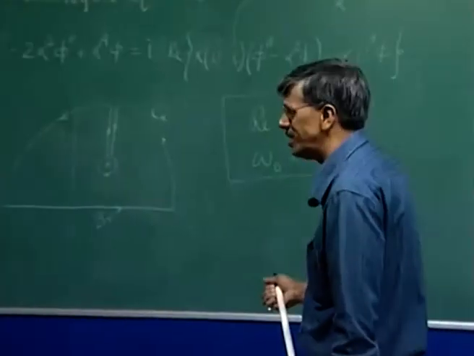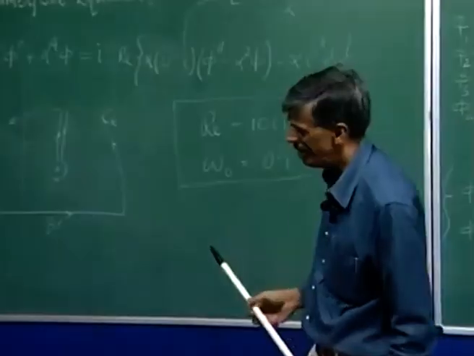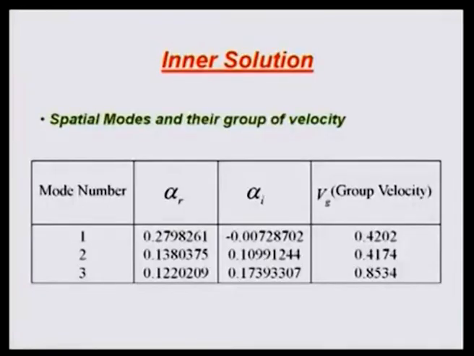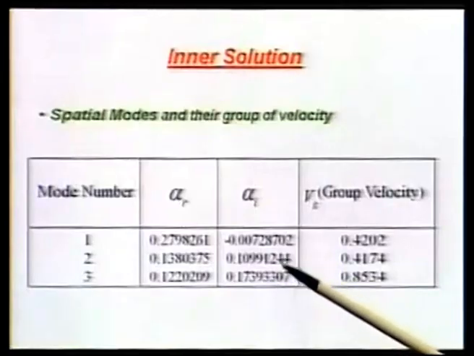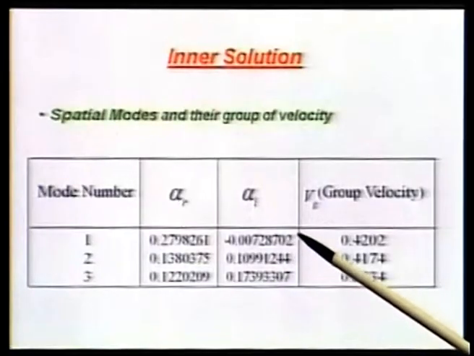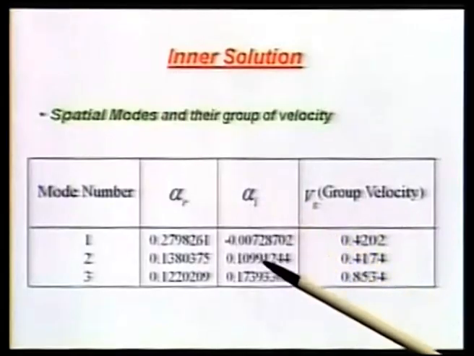So, if I do the grid search method for this parameter combination, lo and behold, you only have 3 modes, and those 3 modes are of course ordered in this particular manner in the way the magnitude of alpha I increases.